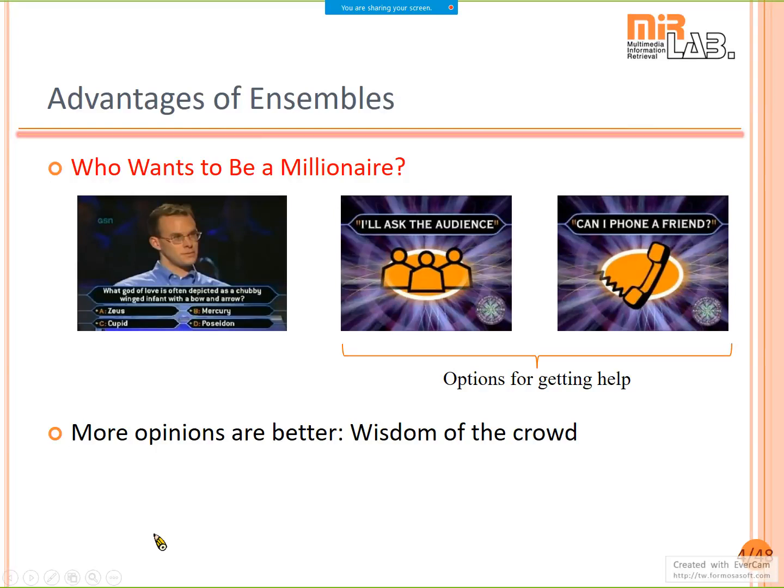The first one is he can ask the audience, and the audience will input the answer and do a voting. On the other hand, he can phone a friend to get the answer. But usually, most of the time, when you ask the audience, you get a correct answer. So this is the so-called more opinions are better, or the wisdom of the crowd.